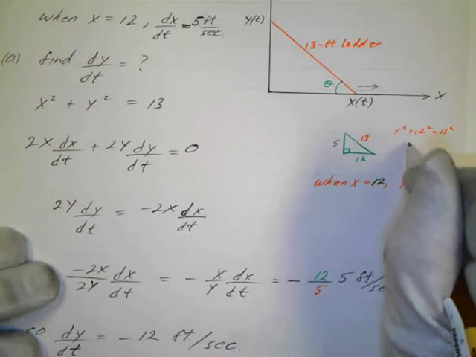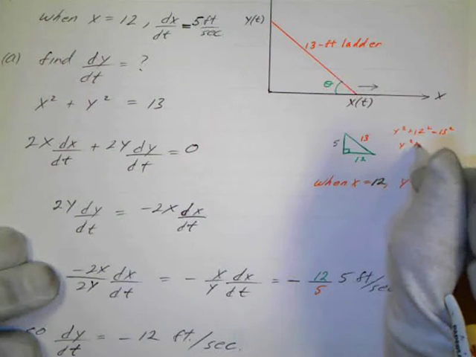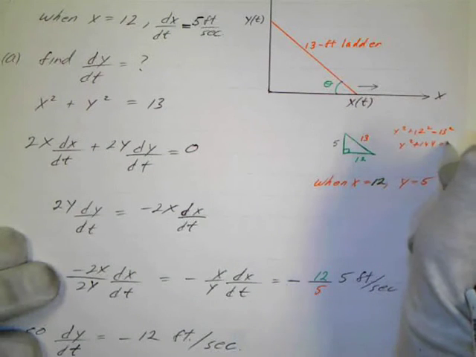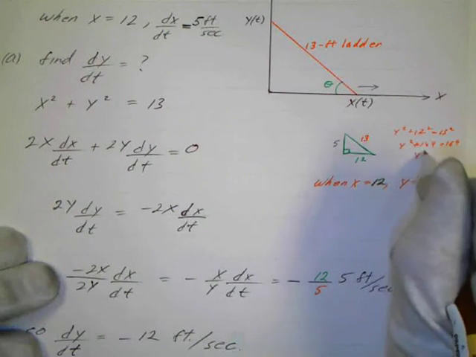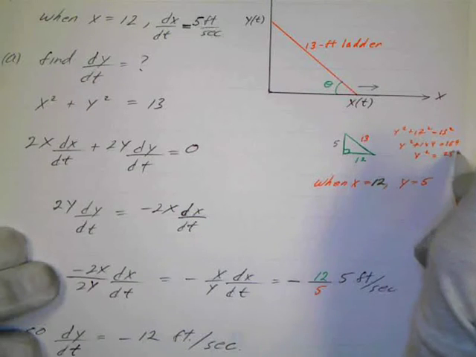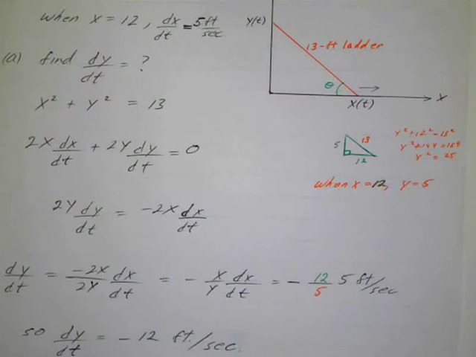Y squared plus 12 squared equals 13 squared, so y squared plus 144 equals 169. So y squared equals 25. All right, so you can work it out like that, just use the Pythagorean theorem. So y equals 5.